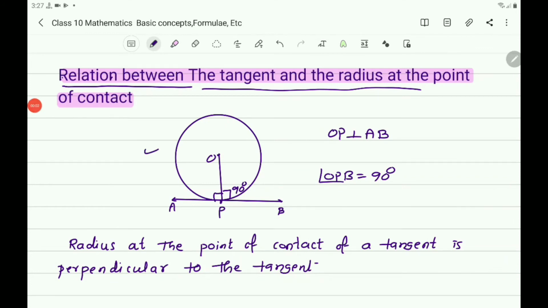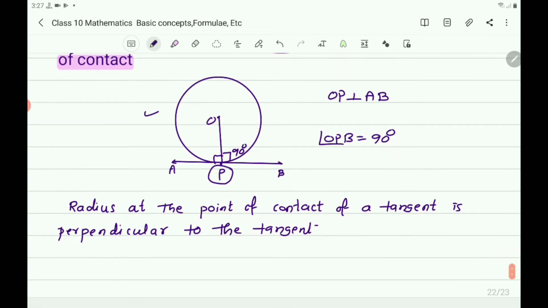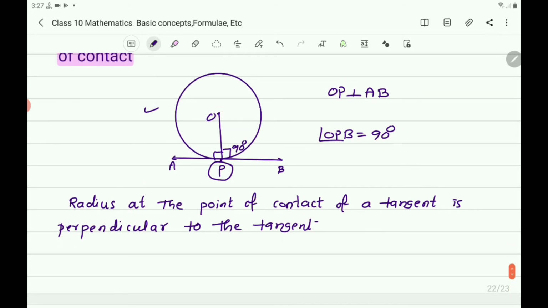One more thing you can observe here: the perpendicular to the tangent at the point of contact passes through the center. If you draw the perpendicular at the point of contact, that perpendicular passes through the center. You can note that down.